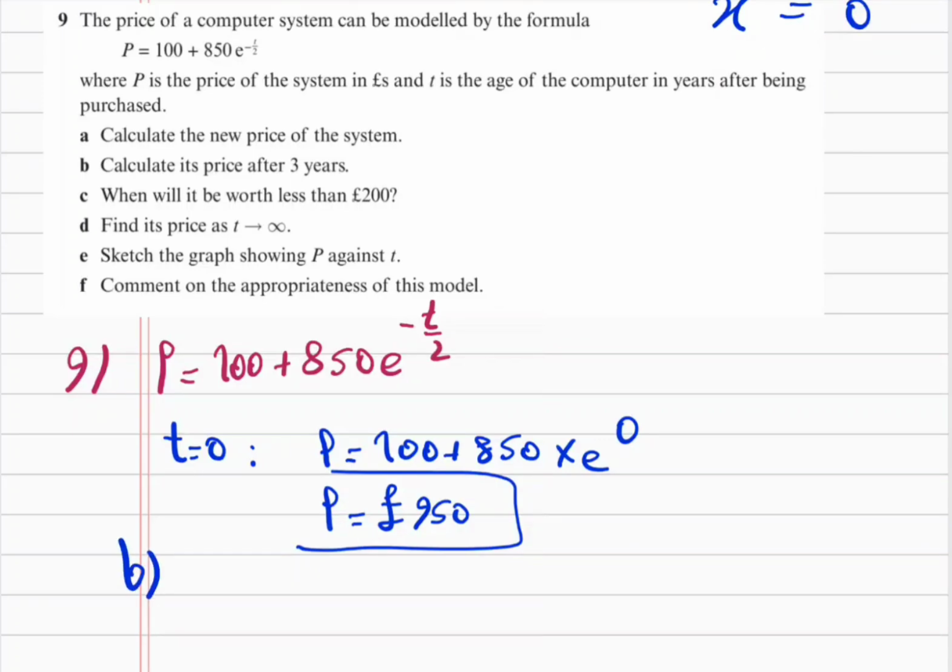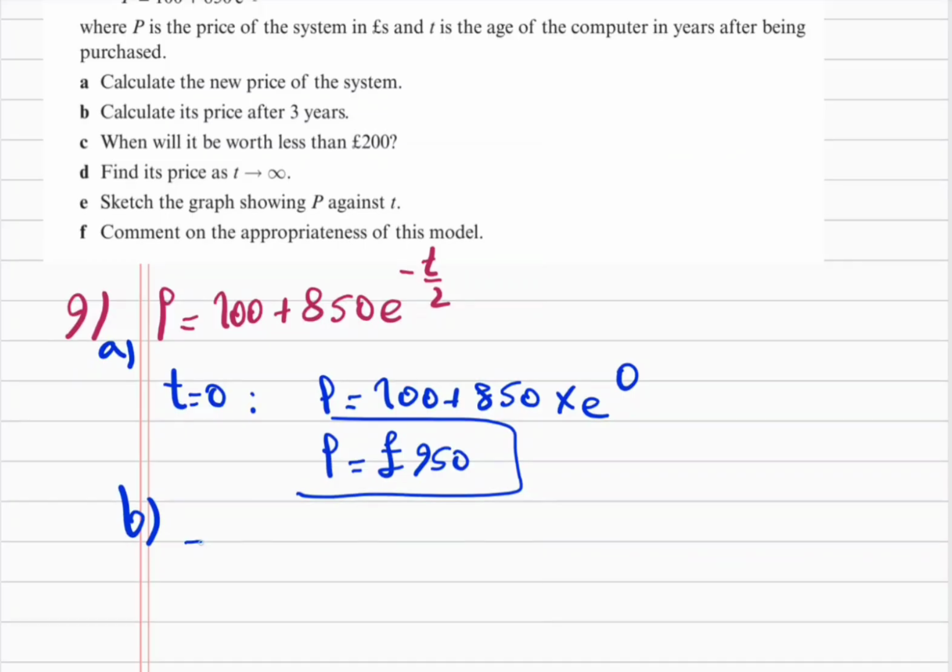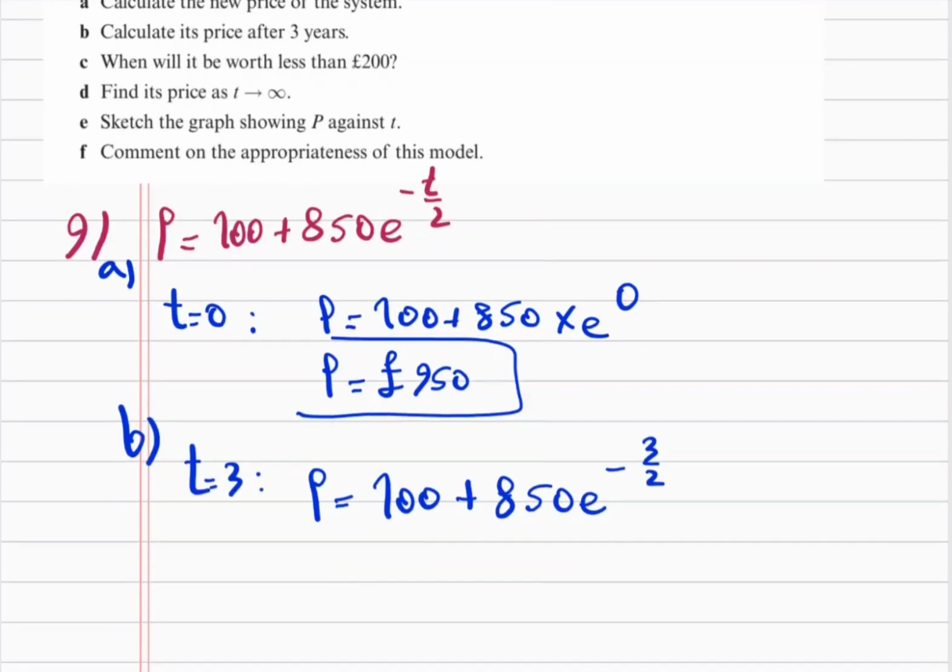Now, in the second part, we want to calculate its price after 3 years. So I think this one is very obvious, because this means what's the value of p when t is equal to 3. So we just substitute 3 into t. So we have 100 plus 850 e to the power minus 3 over 2.